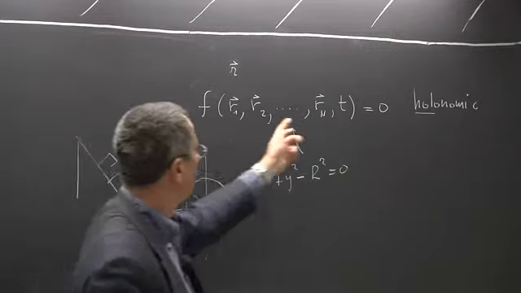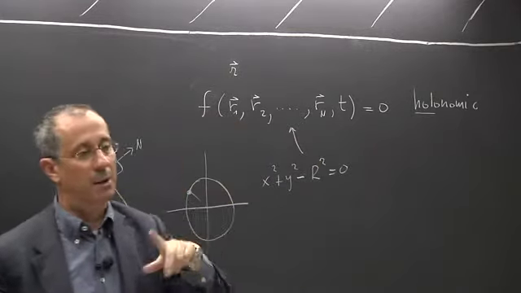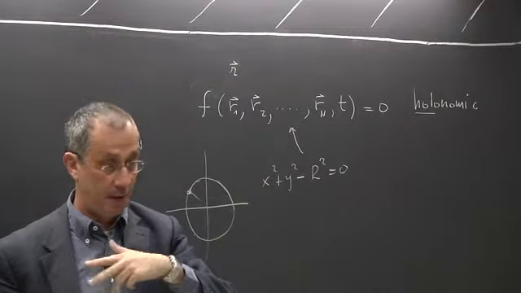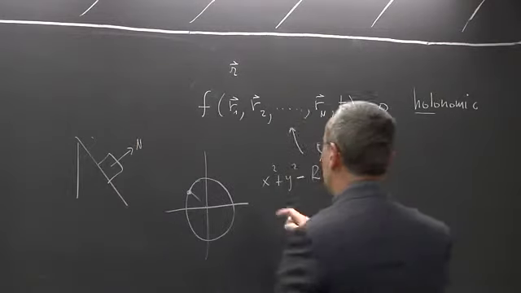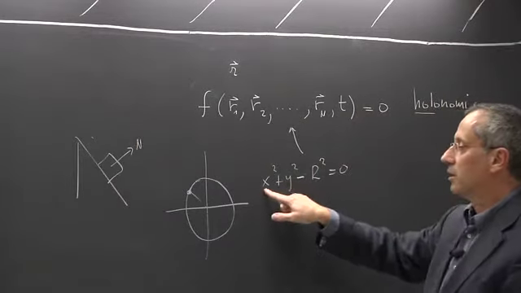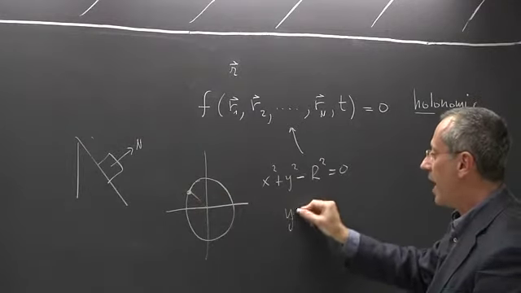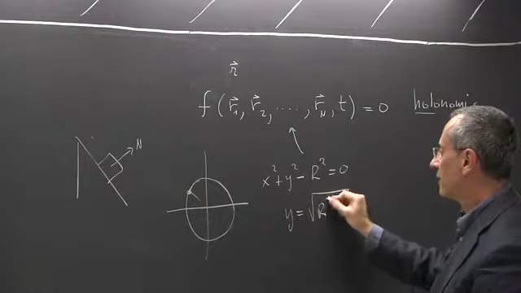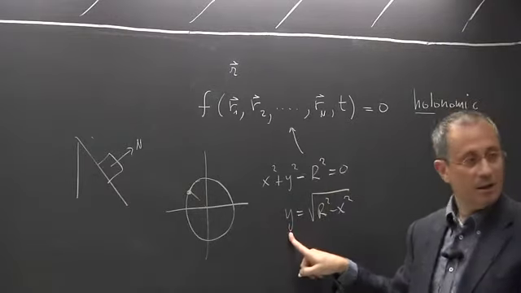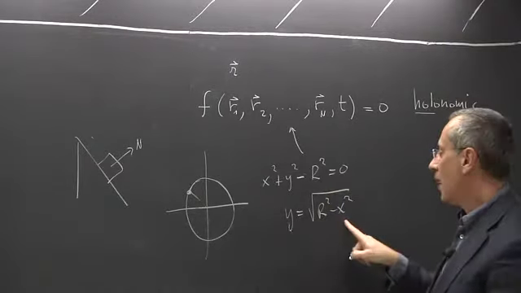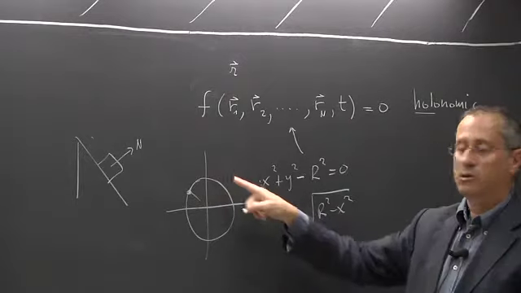Because of the constraint, one of them can be written in terms of the others. It's like here. It looks like you had two coordinates, but actually, once you have given x, y is just a function of x, so you only need one generalized coordinate to describe the system.